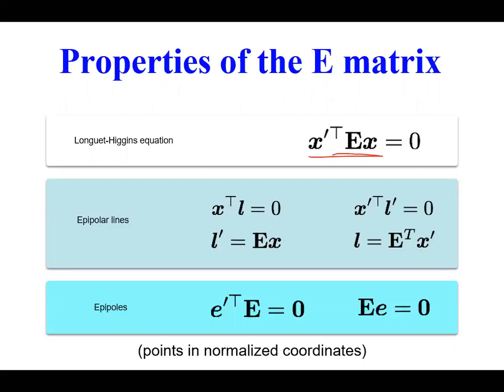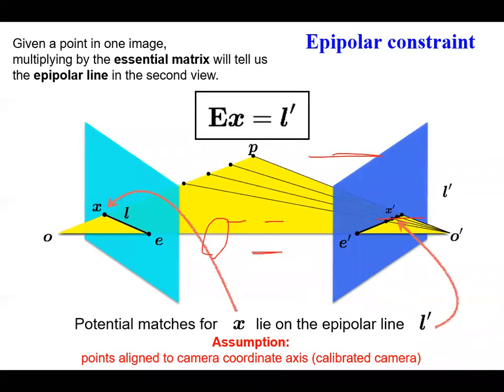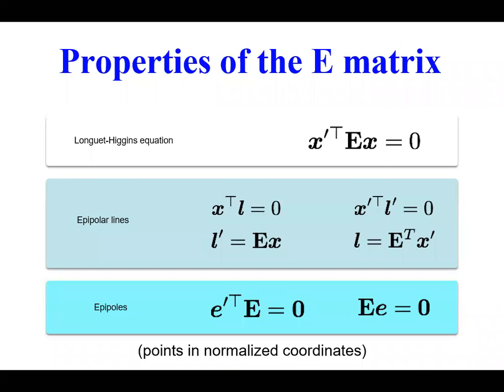We also showed that x transpose, as we have seen from the previous slide, is equal to 0. Earlier, also in the previous slides, we showed that x transpose L is equal to 0. If this is the case, the dashed version will also be equal to 0. And L dash is equal to E x, which I already showed you here. If I would like to map a point to a line, I have to multiply it by E. And I told you also, if we multiply this capital E, the essential matrix, by the epipole, which is here, it just gives you 0.